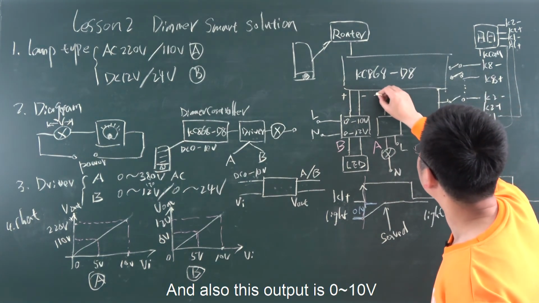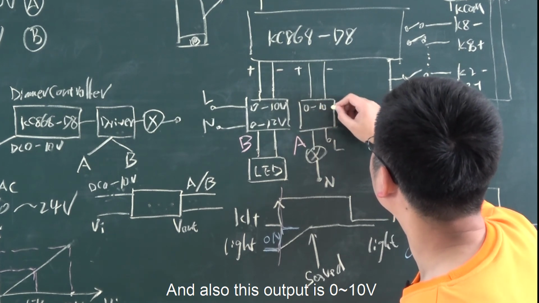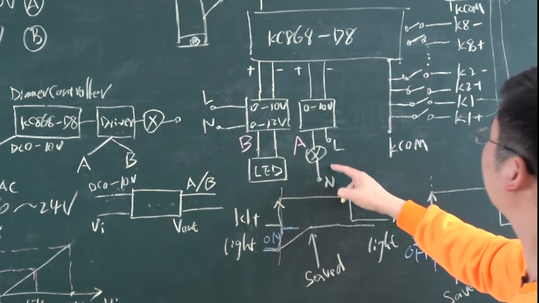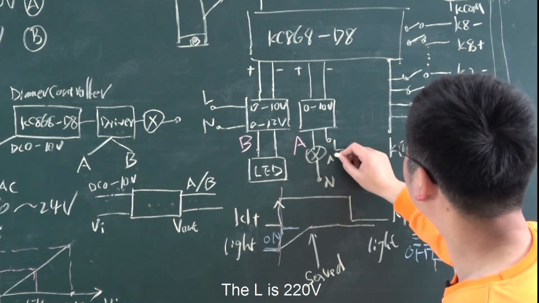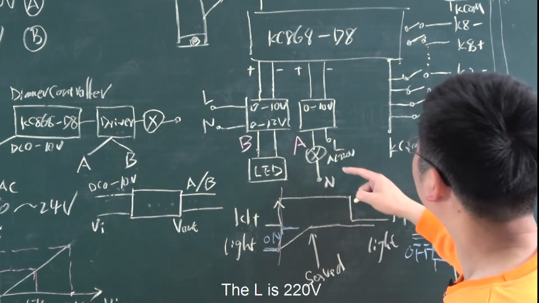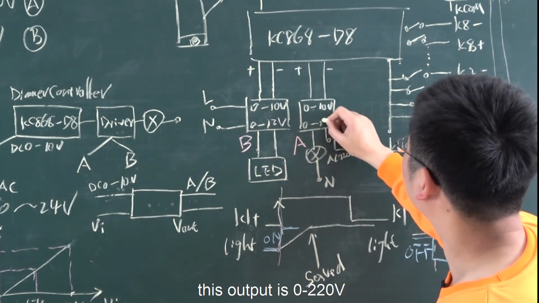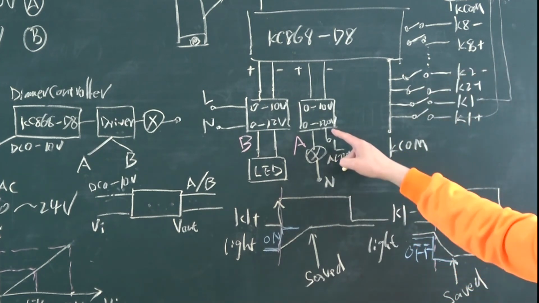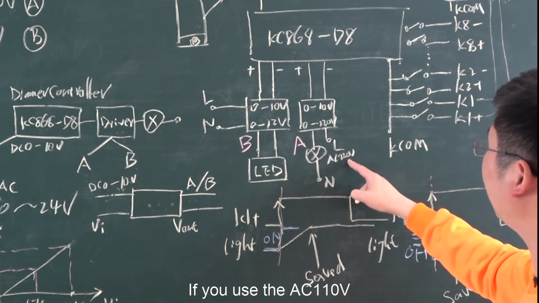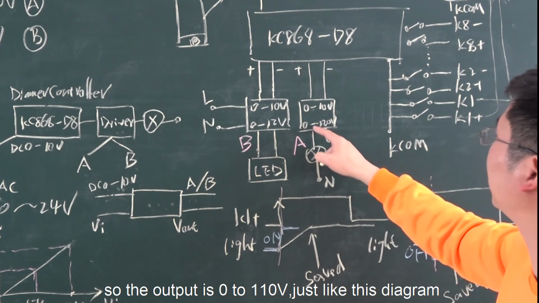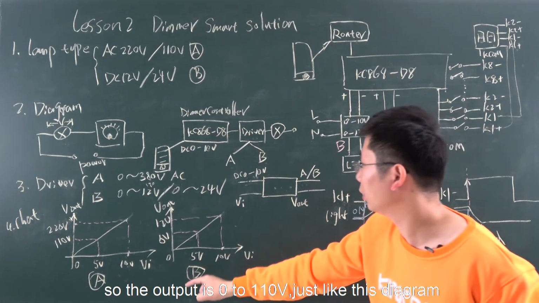And this output is 0 to 10 voltage. And this time, if the L is 220, the output is 0 to 220 voltage. If you use AC 110 voltage, the output is 0 to 110 voltage, just like this diagram.